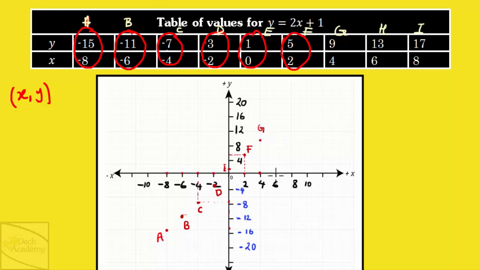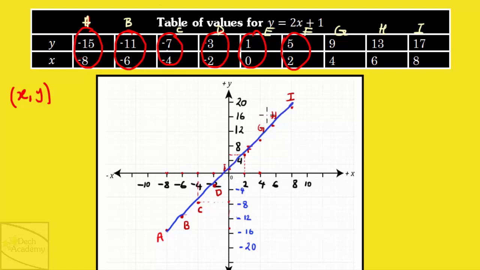So that's G. H, 6 and 13, which is somewhere here. And I, 8 and 17. So we have all these points, A, B, C, D, E, F, G. And when you join them up, you get a straight line. Obviously this is a sketch, so it's just going to be barely straight.